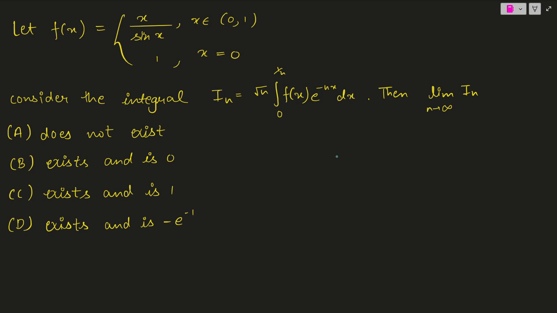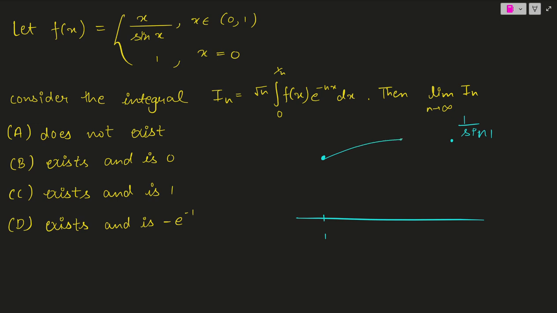Let's first plot the graph of this f(x). After putting x equals 0, f(x) gives 1, which means this is 1, and when we substitute 1 here, it's 1 by sin 1.